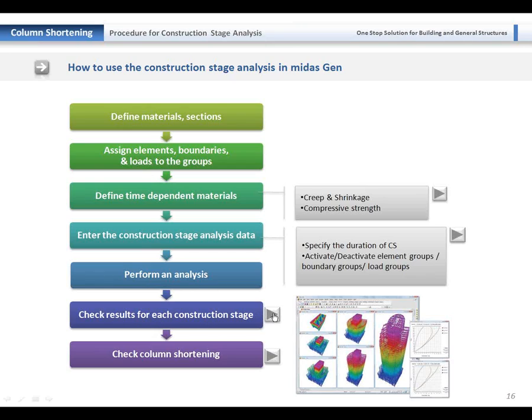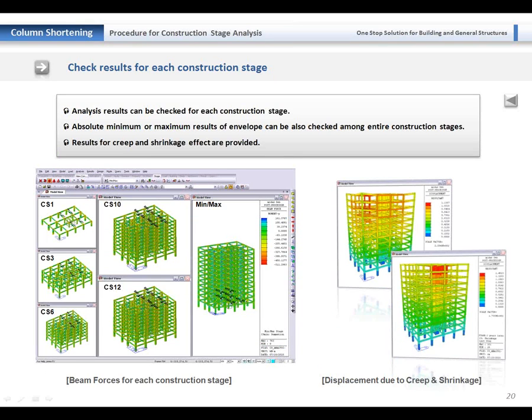If you go to the corresponding page, we can check the member force or deformation for each different stage. And we also provide min-max stage, which means among all the stages, the program also provides the maximum or minimum values for the member force or deformation. And creep and shrinkage results can be separately checked as well.